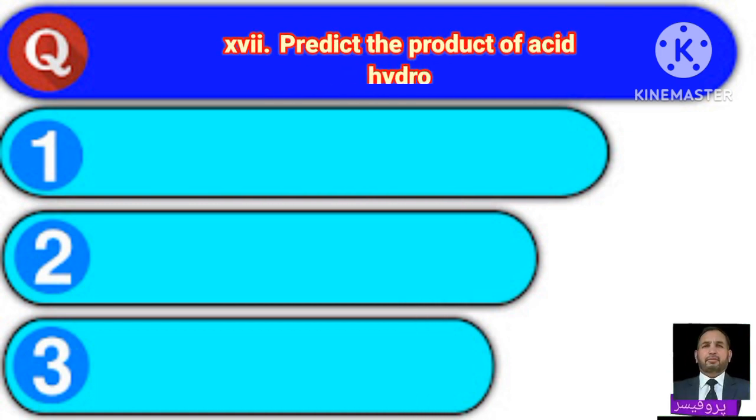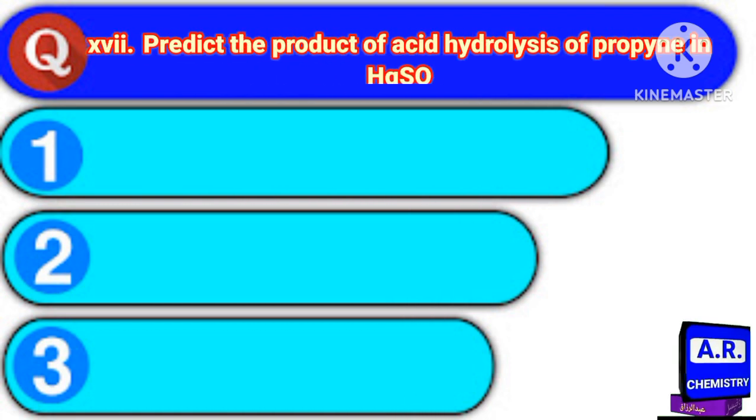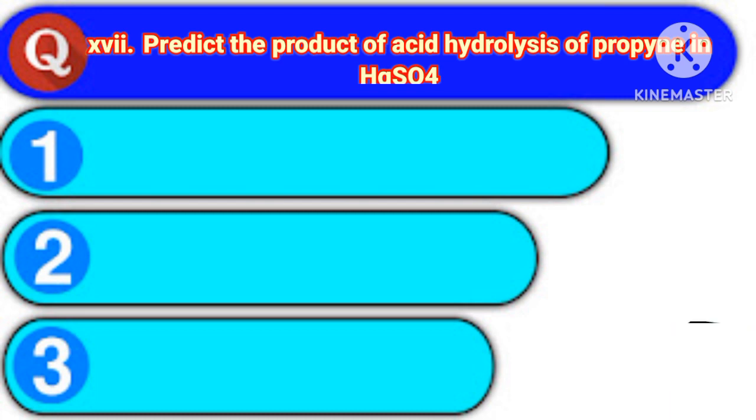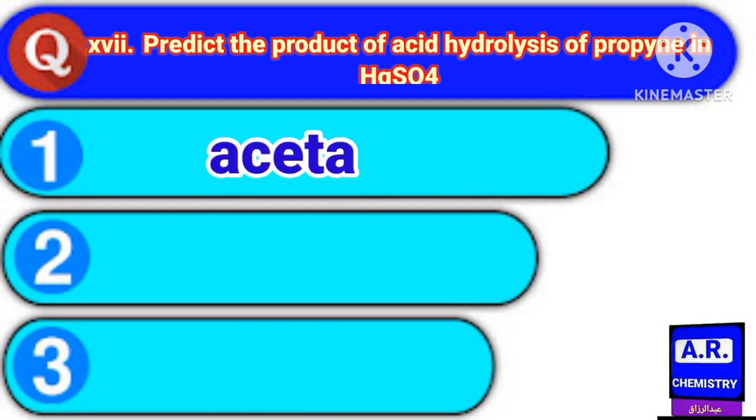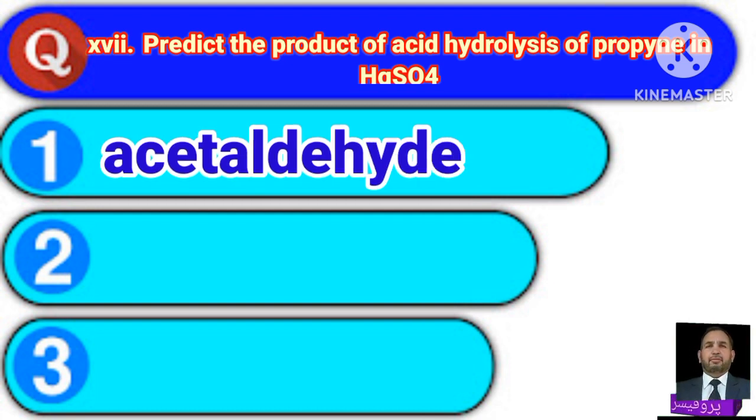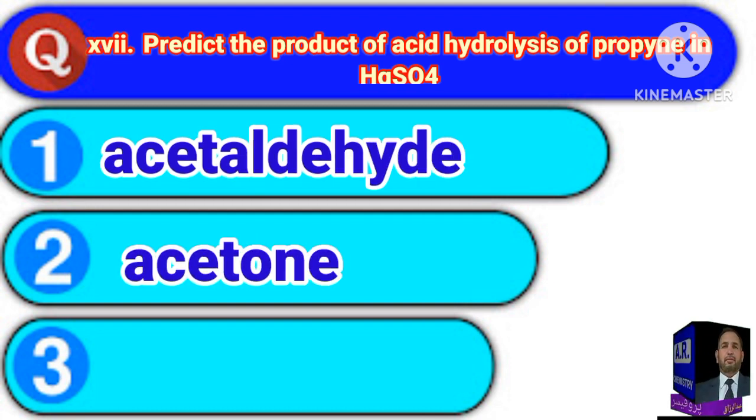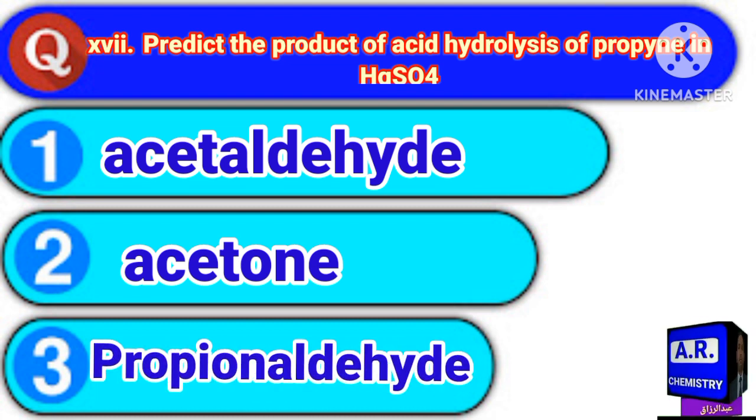Last question. Predict the product of acid hydrolysis of propyne in presence of mercuric sulfate. Options are number 1 acetaldehyde, number 2 acetone, and number 3 propanaldehyde or propanol.